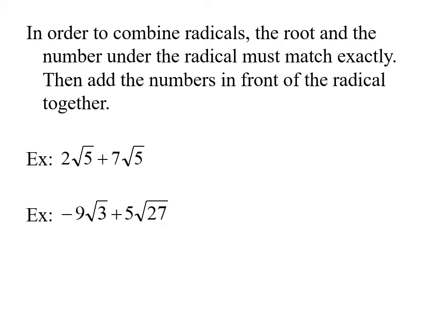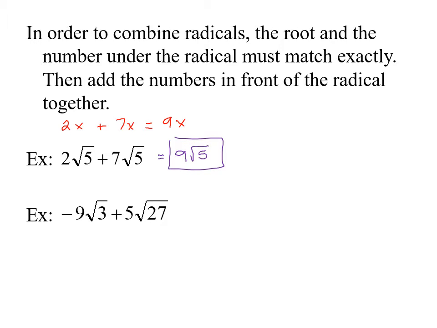So for instance, on this first one, you have 2 times the square root of 5 plus 7 times the square root of 5. This is very much like if it said 2x plus 7x. The x's don't change. 2x and 7x just is 9x. You're adding the stuff in front. Well, if it's 2 root 5 and 7 root 5, this becomes just 9 square root of 5.